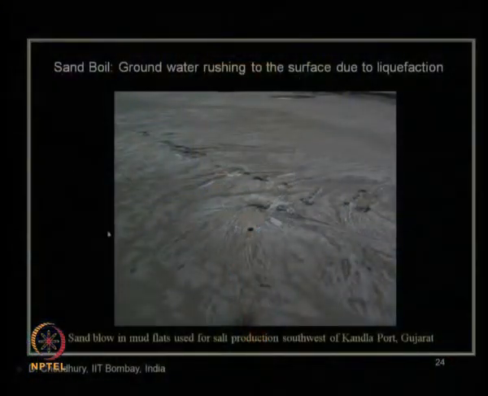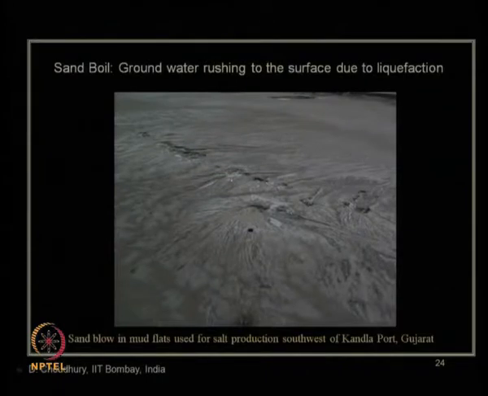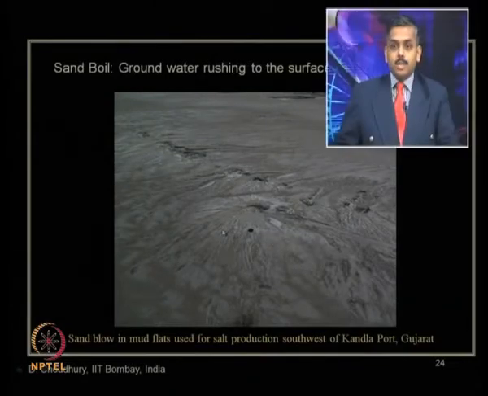Next, let us see a picture on the ground surface where the soil liquefaction has occurred. So, this slide shows a picture of sand boiling, what we call in another term soil boiling or the soil liquefaction. This is the groundwater, the underground water which is close to the ground surface, rushing out or coming out to the surface after the liquefaction takes place at the site.